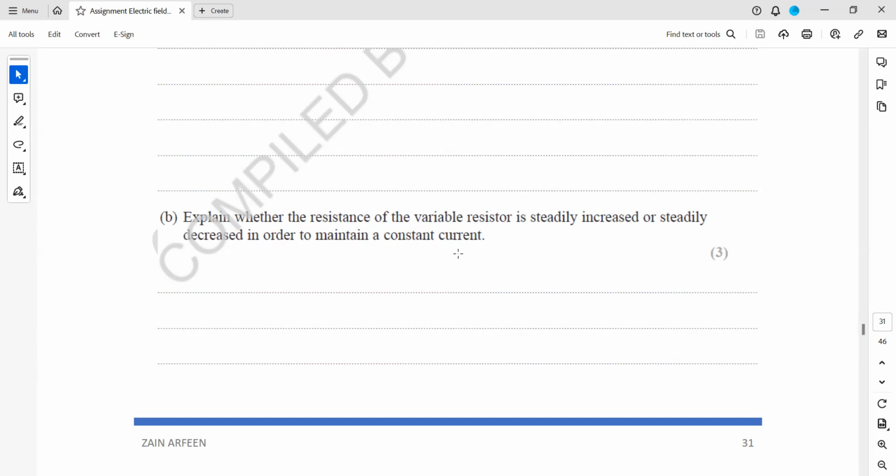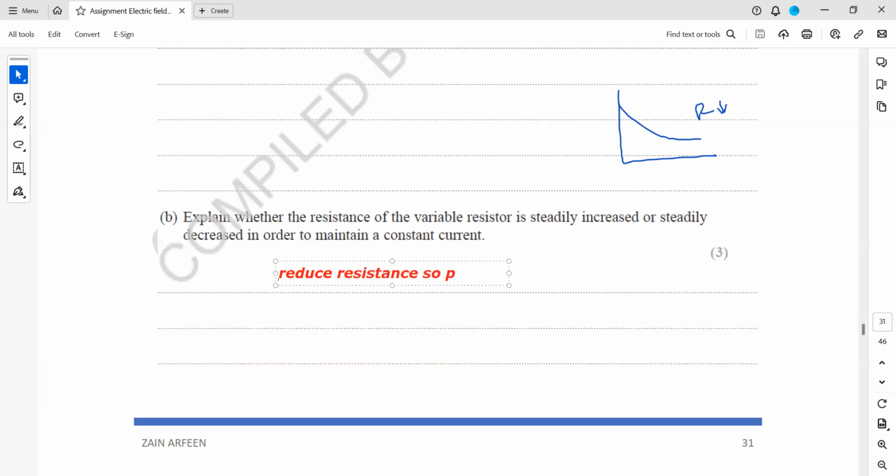So if the current is decreasing and we want to maintain a constant current, what should we do? We have to increase the current, so we should reduce the resistance.